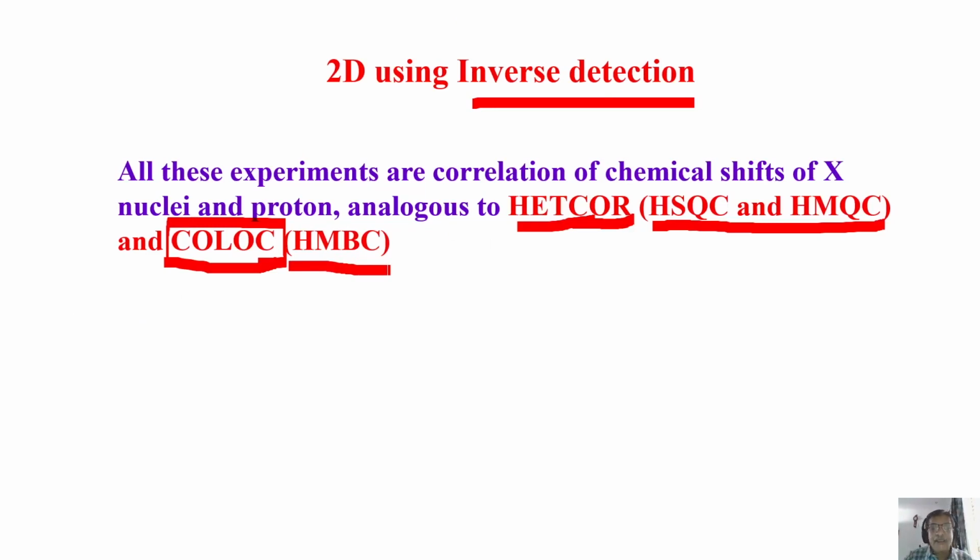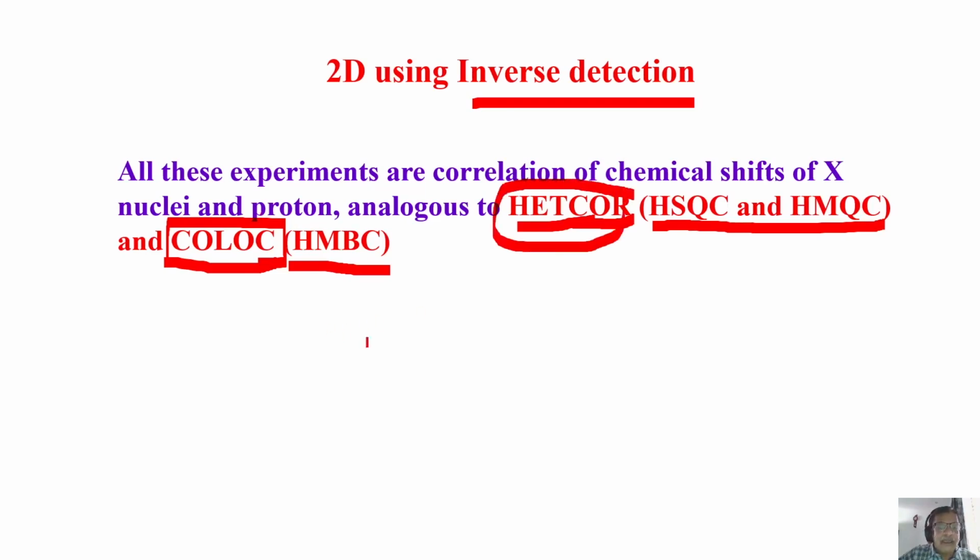Please understand, in the HETCOR experiment, direct correlation between directly bonded carbon and proton can be detected. If a CH is coupled, we easily get the carbon chemical shift and the chemical shift of the attached proton. That correlation is obtained in the HETCOR experiment.